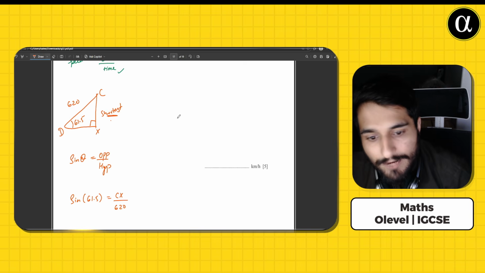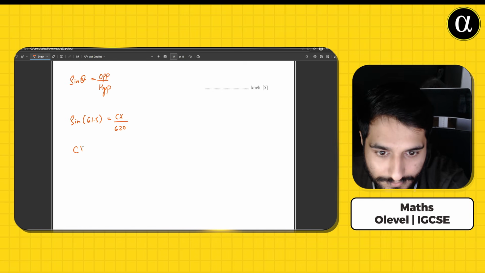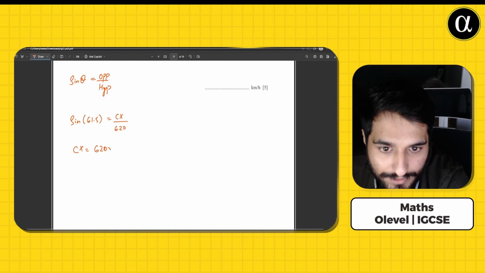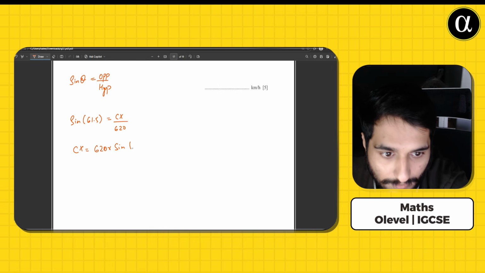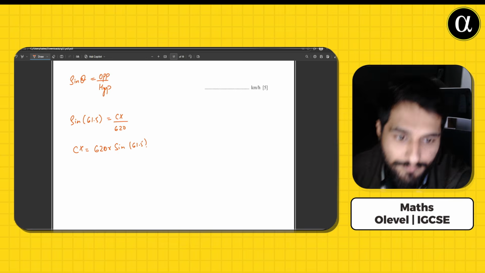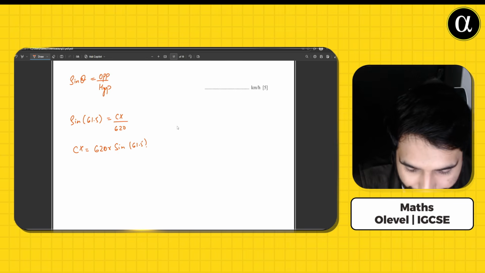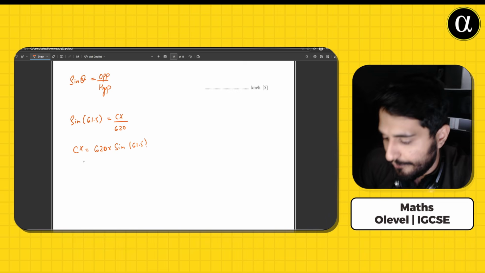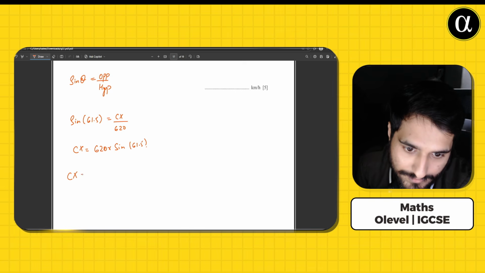And we can find the value of CX. That will turn out to be 620 times sine of 61.5. When we calculate this, this would become 544.86.